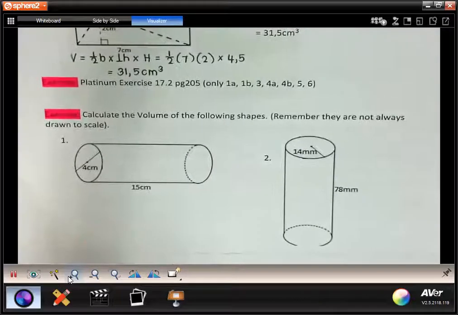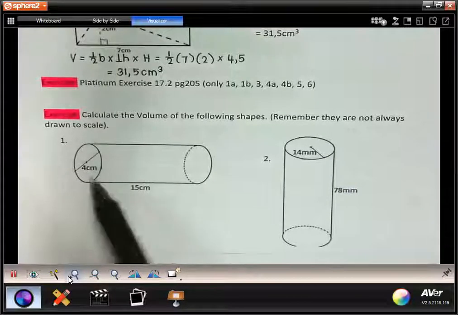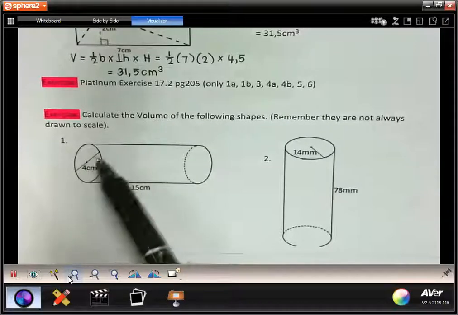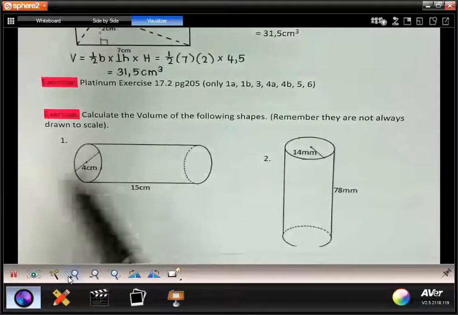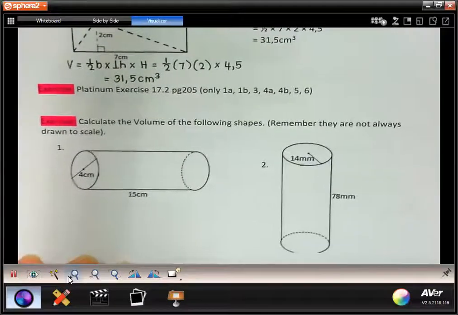Right, you can start working on that now, guys. You still have 20 minutes. You can finish it in that time. Please note that in number 1 here, they've given you the diameter. Okay, I'm just pointing that out. They've given you the diameter, not the radius. So do with that what you will.